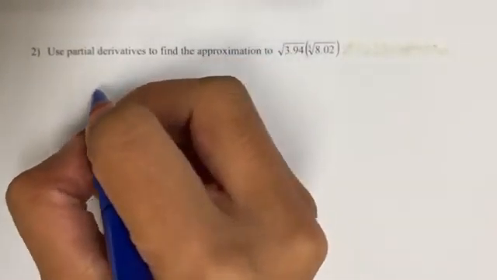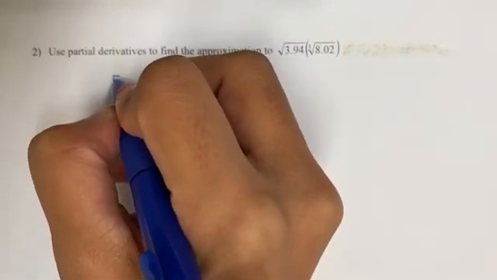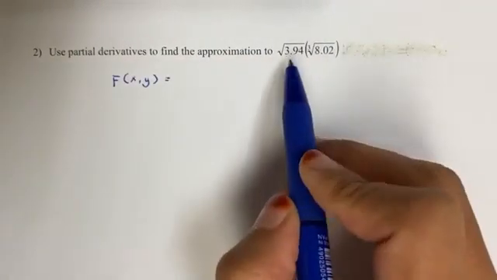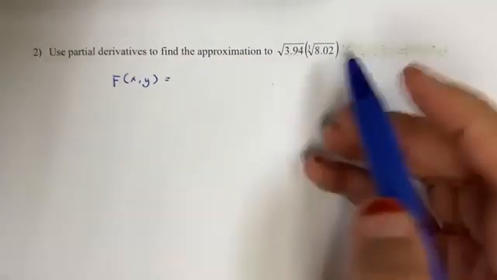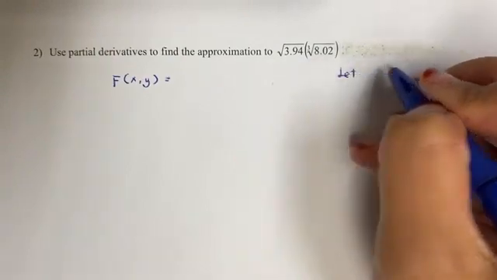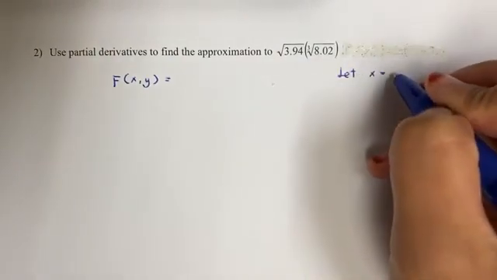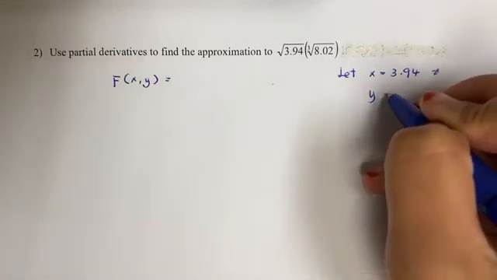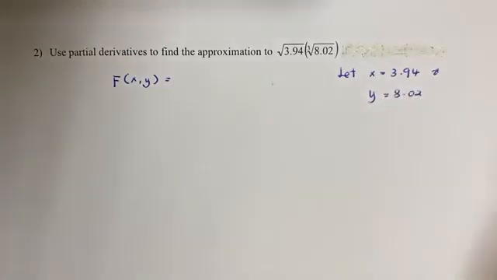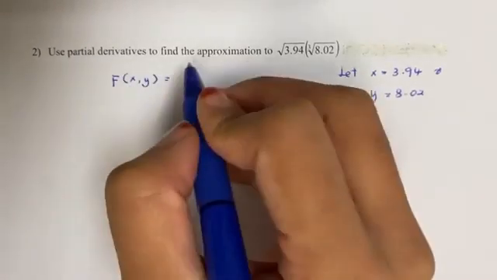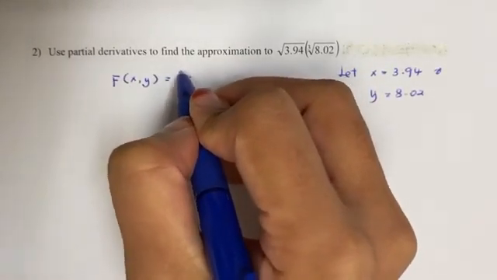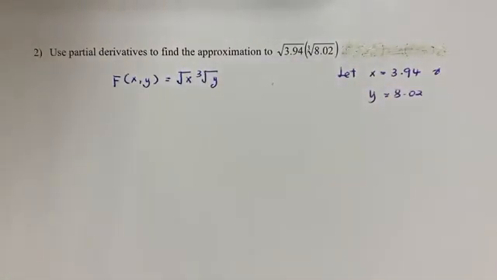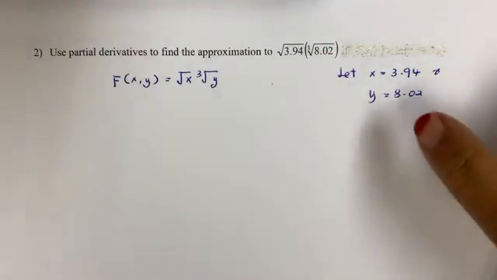Let x equal to 3.94 and y equal to 8.02. So now you can have your f(x,y): square root of x multiplied by cube root of y. Okay? So this is your x and y.